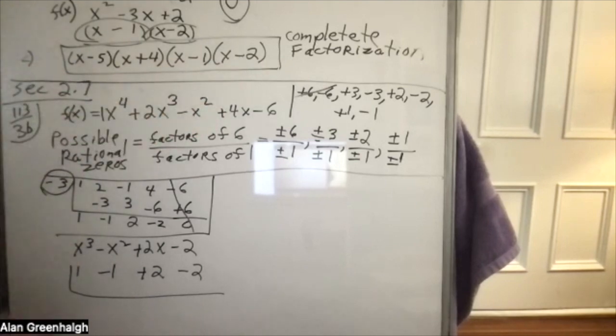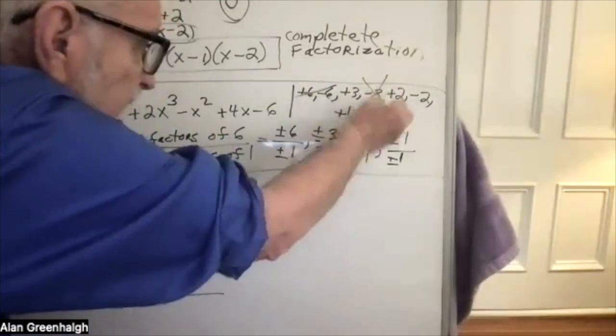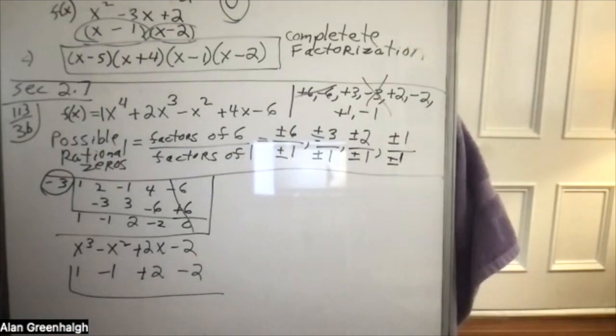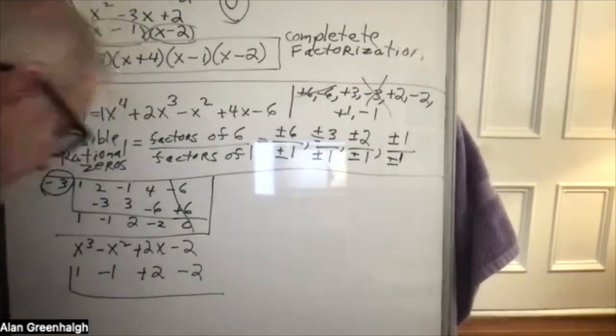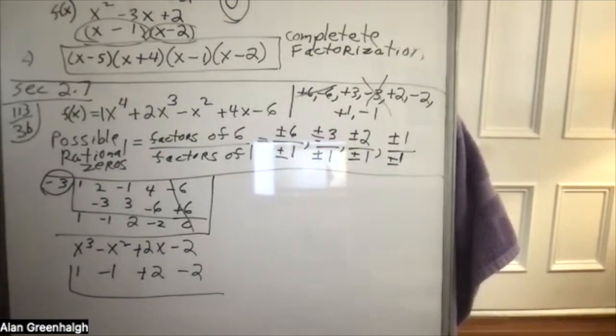Let's choose one. If it's -3, chances are it's not going to be -3 again. I'm just choosing because you knew who gave me that answer? Fama, yeah, you knew that, right? But let's choose one now that we don't know.